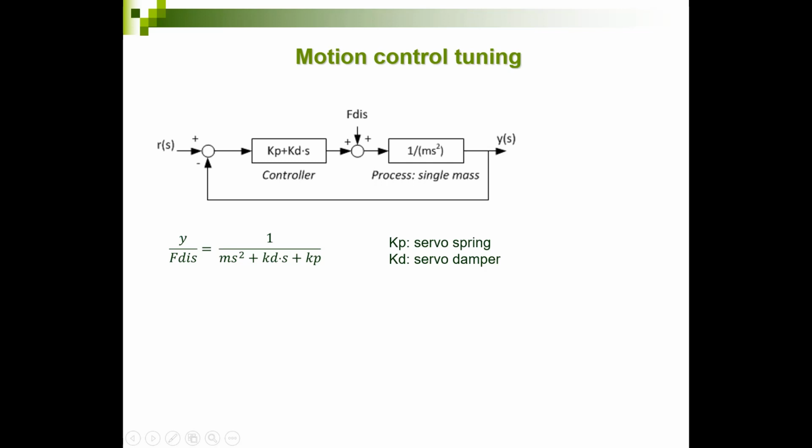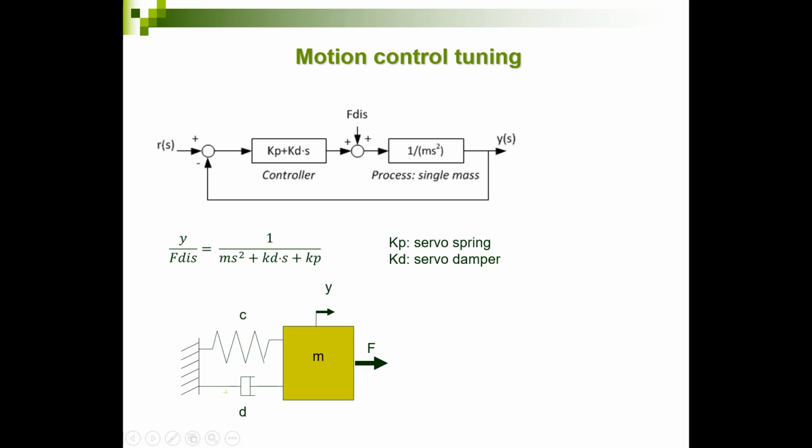Because have a quick look at this mechanical system. In this mechanical system, I have a mass m, and the mass m is connected through a spring and a damper to the frame. And we are going to derive the relationship between the output y, the position of the mass, as a function of the input force F. I can derive an equation of motion which says that F minus the spring force minus the damping force equals m times a.